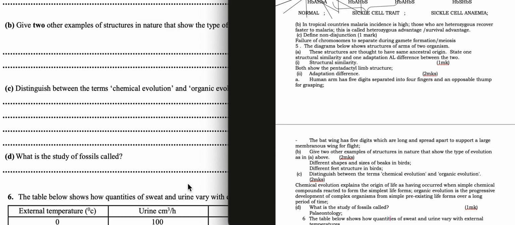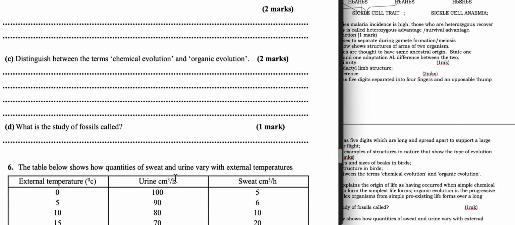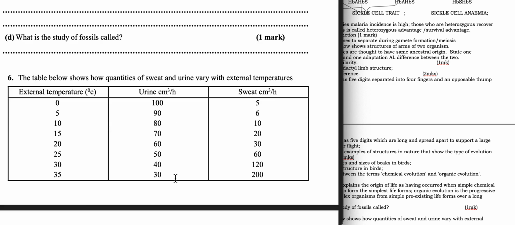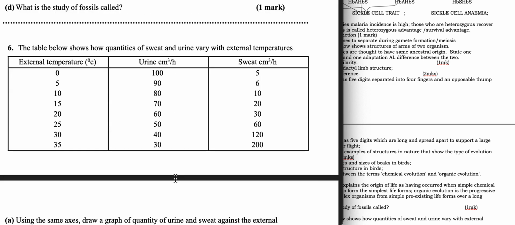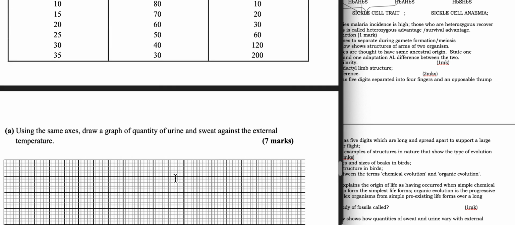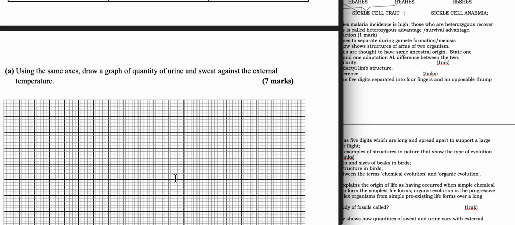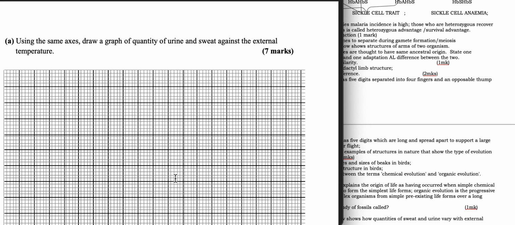The table below shows how quantities of sweat and urine vary with external temperatures. We have the external temperature, we have urine and sweat. Using the same axis, draw a graph of quantity of urine and sweat against the external temperature.